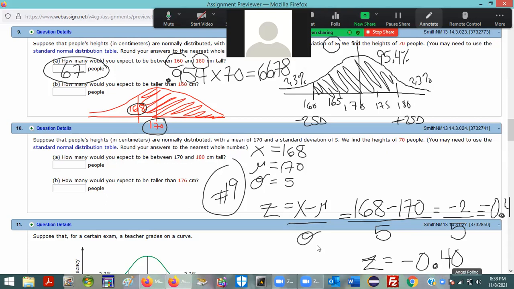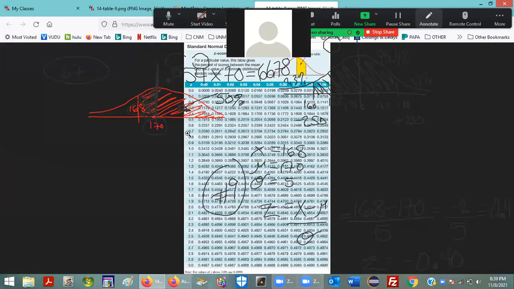Now, the way the book gives you info is from between the mean and our z-score, because the other percentage is just 50%. So we'll add whatever we get from the chart for a 0.4 z-score. Let's go look over there. If we go to the 0.4, it says 1554 there.